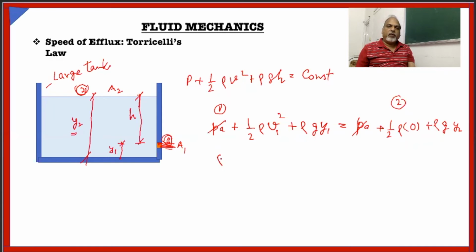So ultimately V1 square will be nothing but 2g (Y2 minus Y1), or this can be written as 2gh. So V1 is nothing but root 2gh.